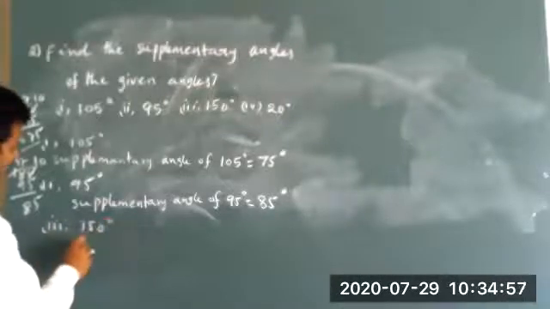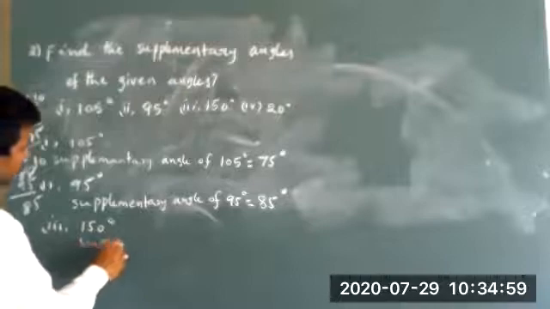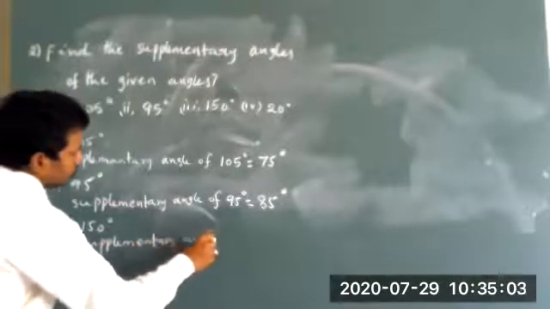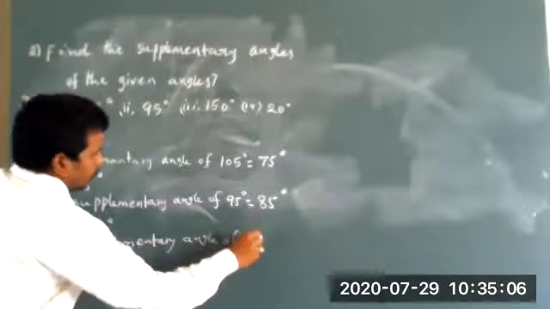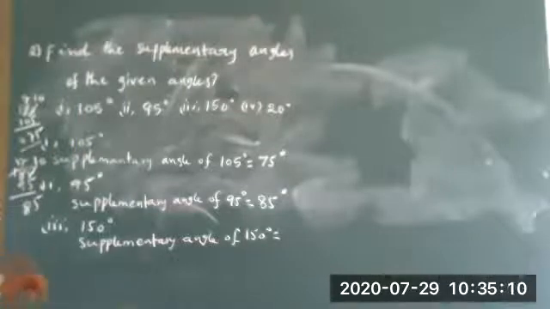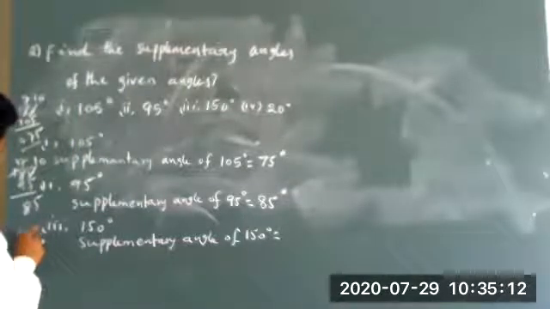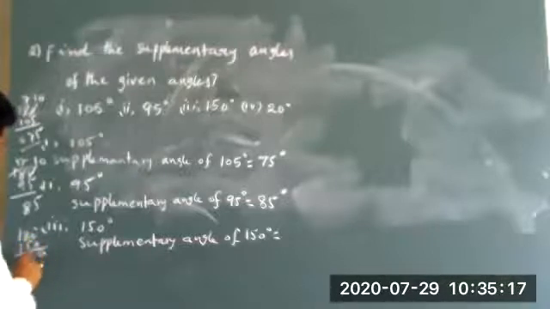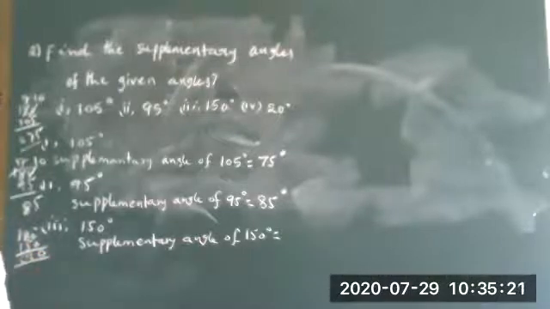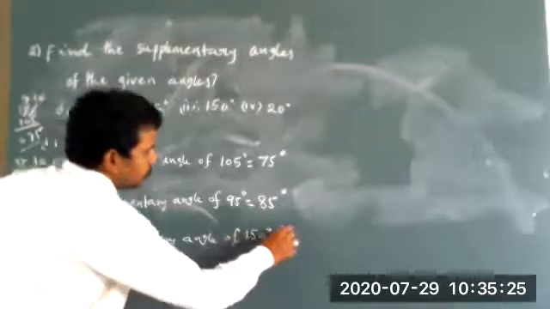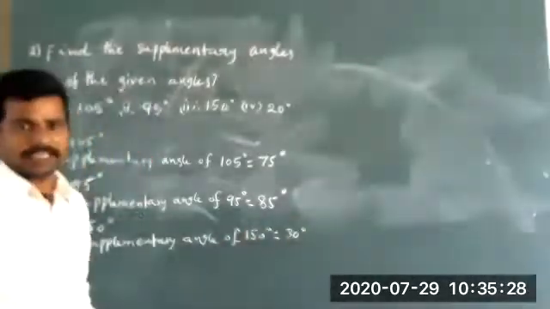Now take the third. 150 degrees is given. The supplementary angle of 150 degrees equals 180 minus 150. 0 minus 0 is 0, 8 minus 5 is 3, 1 minus 1 is 0. So how much, children? 30. The supplementary angle of 150 degrees is 30 degrees.